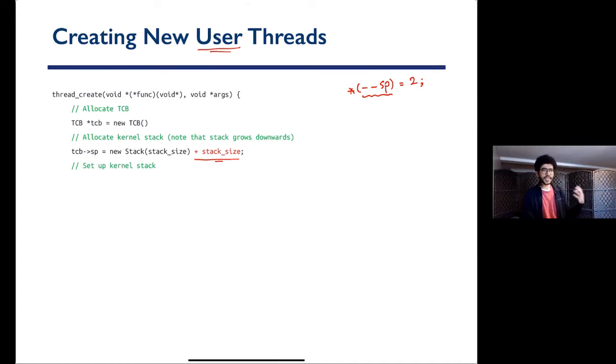Now we need to set up the kernel stack. Two things are important if you remember from that context switch. The first one was the dummy data that we have to push, because thread switch expects to see those registers. It's going to pop them.